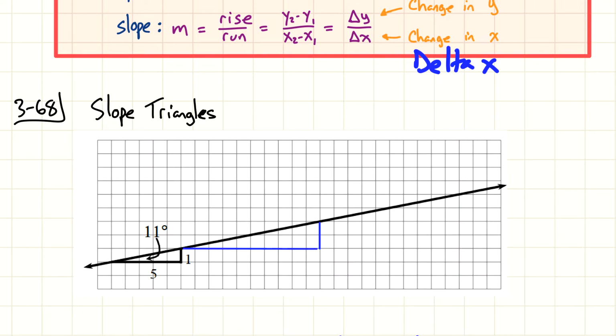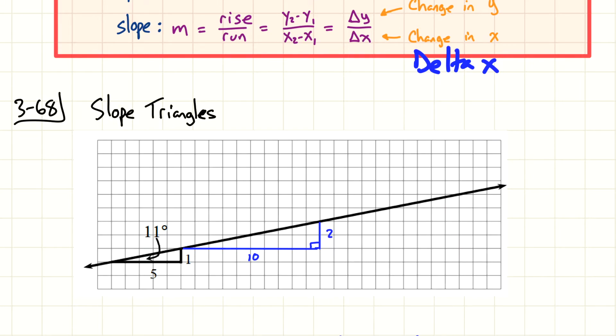If I count those boxes, that would be 3, 6, 9, 10. All right, so this is us creating a slope triangle that has a rise of 2 and a run of 10. All right, so those would be the measurements.